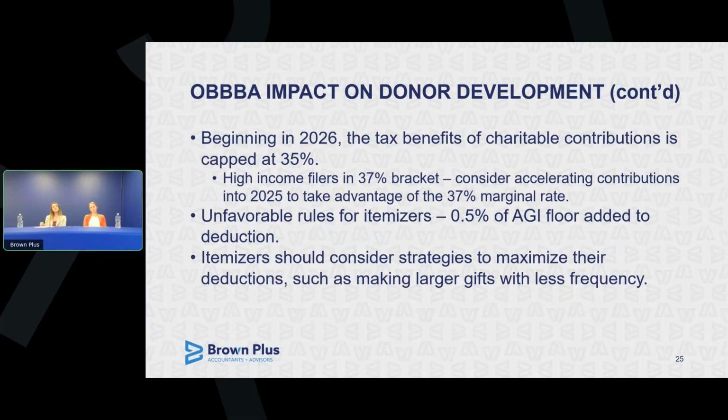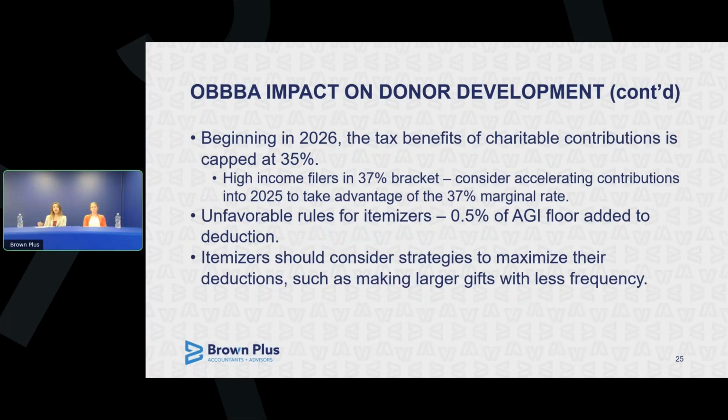Again, on the negative side for itemizers, they added a 0.5% of your AGI floor to the deduction. So say that threshold for you is $1,000 and you gave $5,000 of charitable contributions during the year, only $4,000 of that will be deductible for you as an itemized deduction.